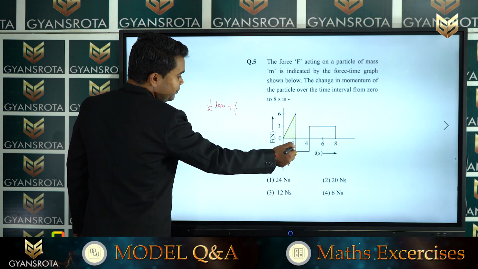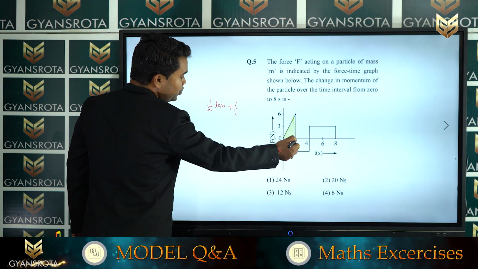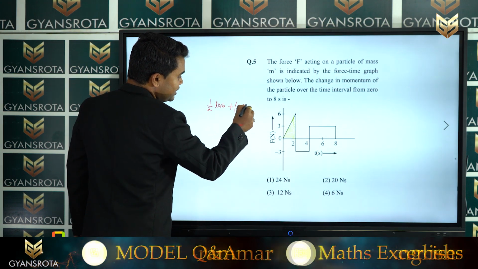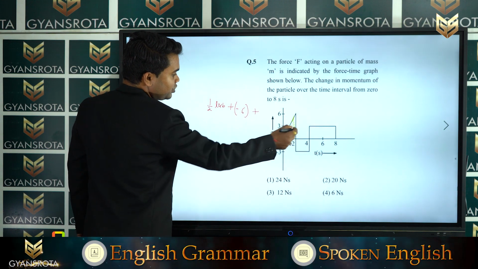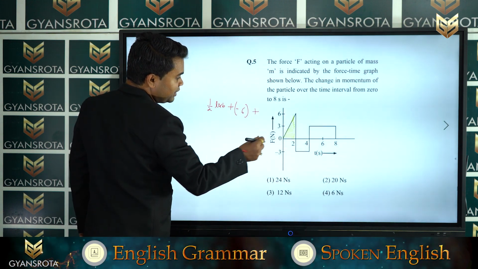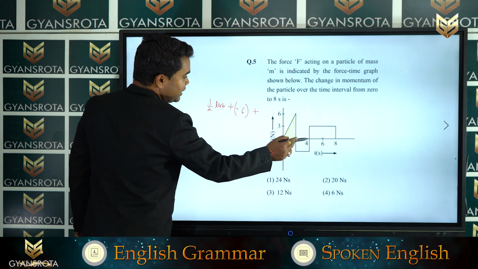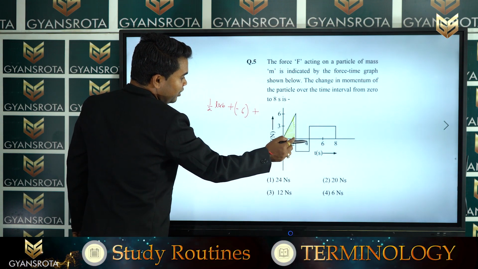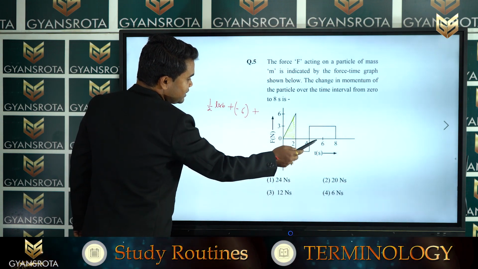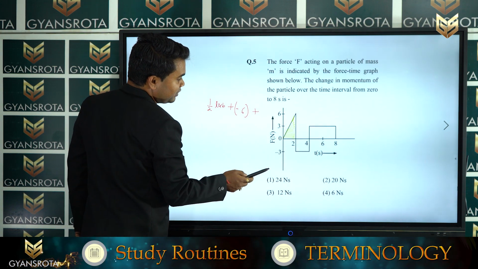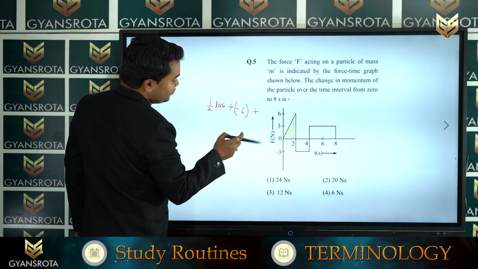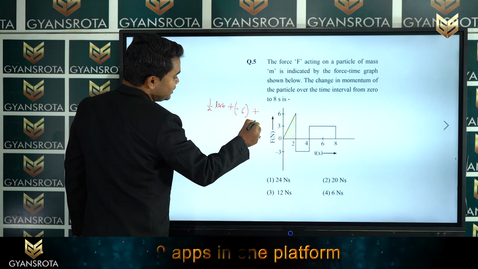It is a rectangle, length into breadth, 2 multiplied with 3, 6. Plus, this is on the positive side, so it will be 4 multiplied with how far it is going. Out here it is going till 3. So, 4 multiplied with 3.